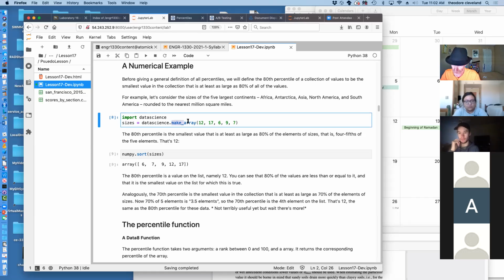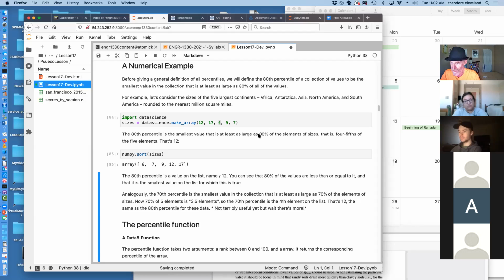So in the data science module, the make array pretty much uses the NumPy subsystem. Okay, so we've imported it. Now we have the sizes of our continents: Africa, Antarctica, Asia, North America, South America. So our biggest continent is 17 million square miles. Our littlest continent is 6 million square miles. And what we want to know is what's the 80th percentile.